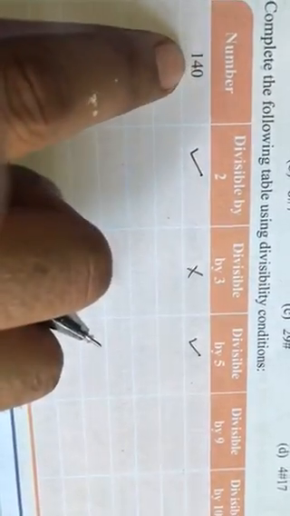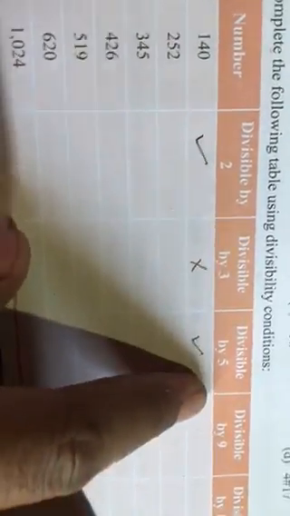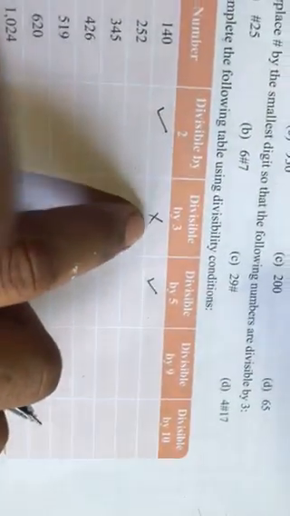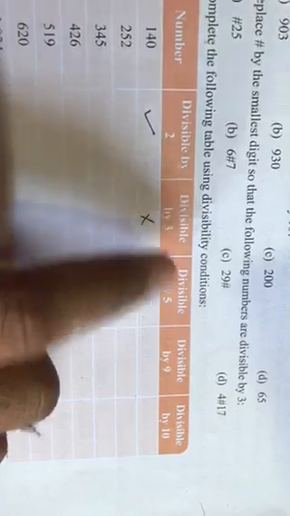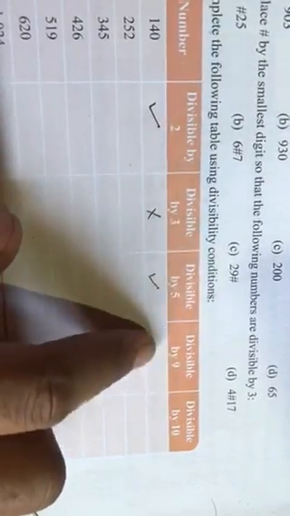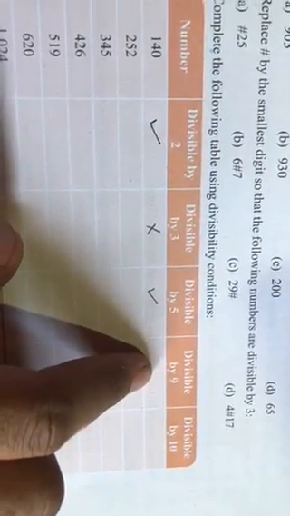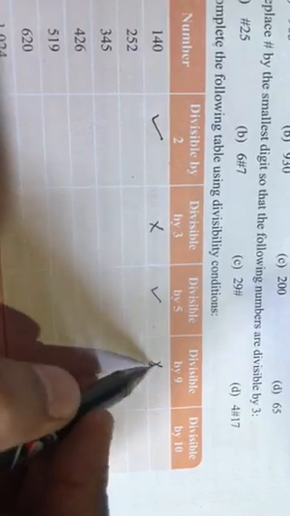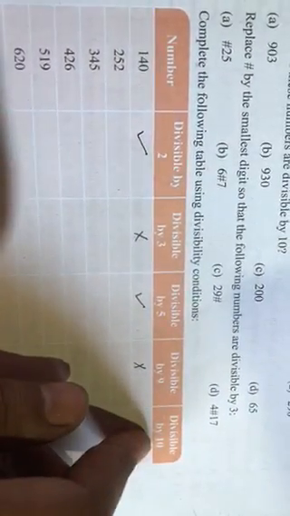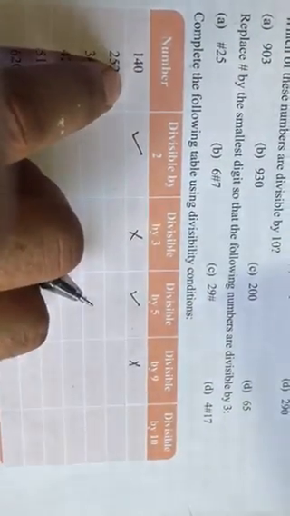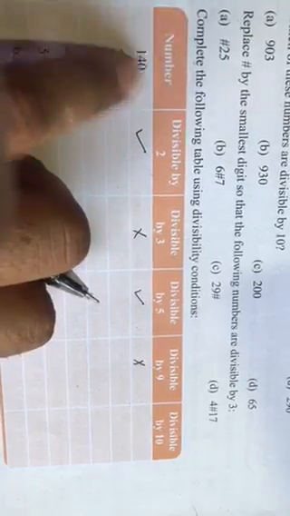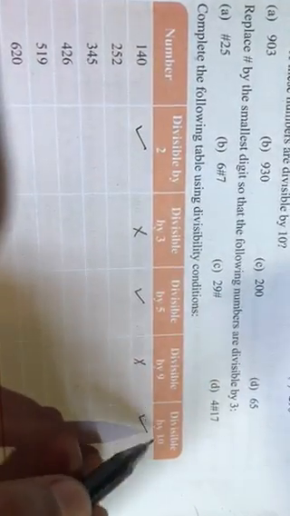The sum is 5 and 5 is not divisible by 3. जब ये 3 से ही divisible नहीं हुआ तो आप 9 की divisibility कभी भी चेक नहीं करोगे, right? The divisibility of 10 says that if it contains 0 at the unit place, so it contains. That means the divisibility of 10 is also satisfied.